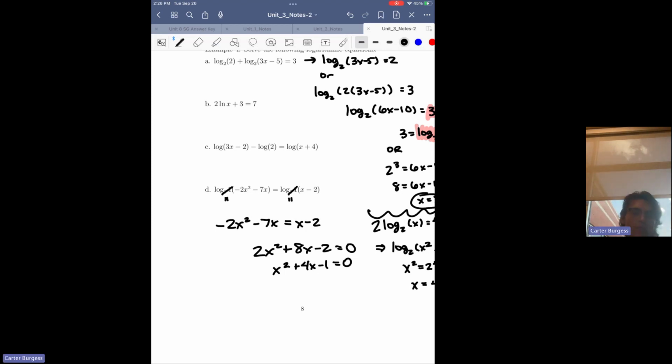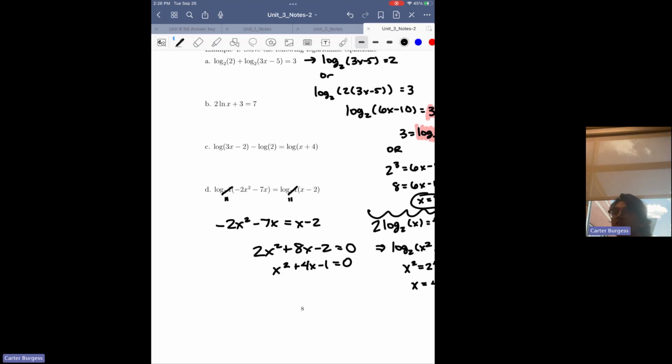What are 2 numbers that multiply to make negative 1 that add to make 4? Is there anything that multiplies to make negative 1 that adds to make 4? Not that's easy, not off the top of my head. And so what tool are we going to have to use? Quadratic formula, which we all have memorized and perfectly down at this point, to the point where if anyone were to ask you 10 years from now, what is the quadratic formula for $1,000, we would all win that $1,000, right?